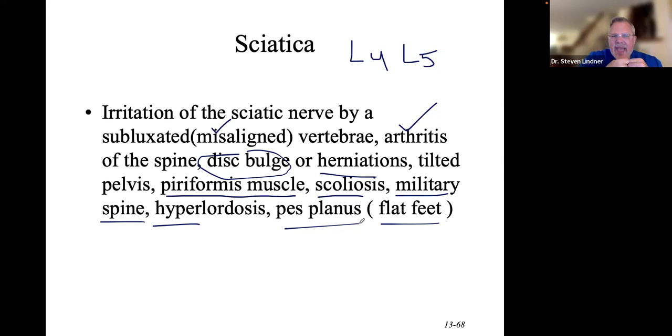And when that rotates, you can get stress on that piriformis. And if, let's say, the right foot is flatter than the left, the pelvis drops on that flatter side, causing pelvic tilting, changing the orientation of the greater and lesser sciatic notch. When the sacrum and pelvis tilts, the lumbar alignment changes, which can cause misalignments and disc herniations. So the feet can affect the spine directly.